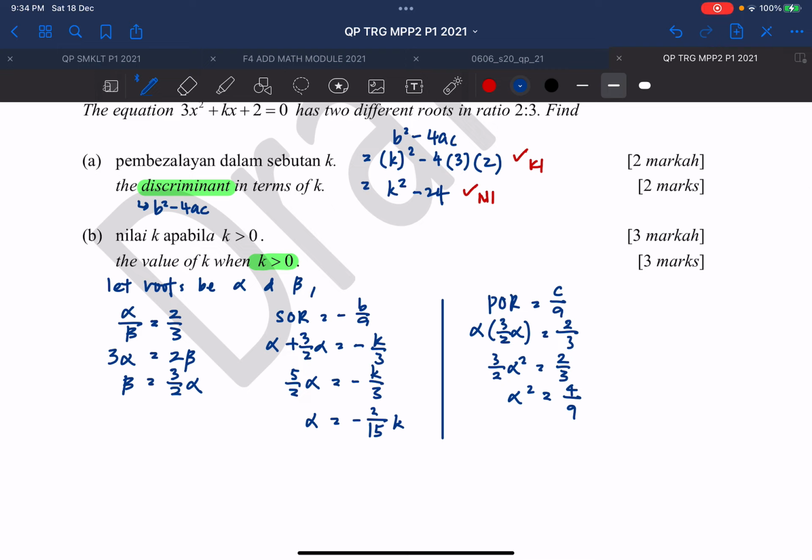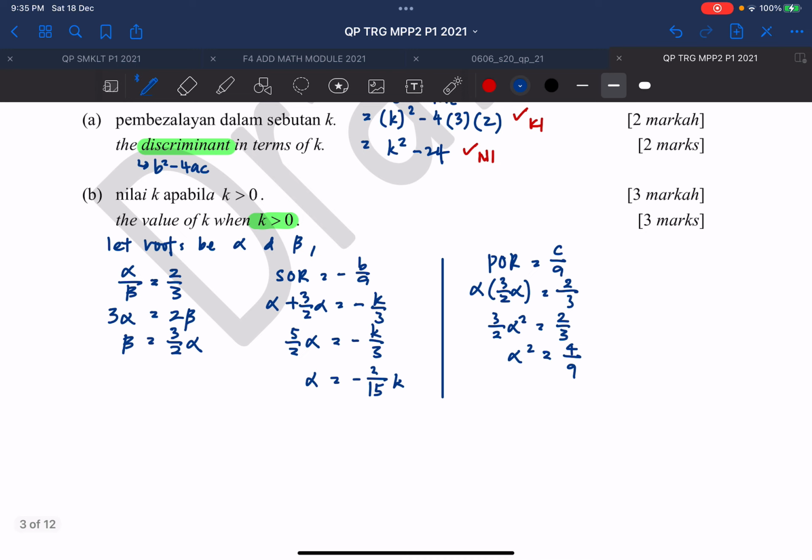Okay, you can do the square root here, but I do not recommend you to square root so fast, because when you square root, you might forget to put the negative. Actually, when you square root you need to put the plus minus sign, and you don't know right now which sign you should choose, whether it's a positive value or negative value.